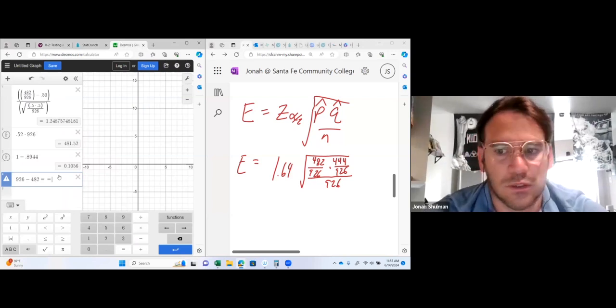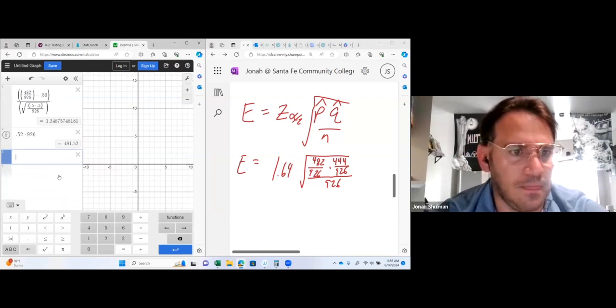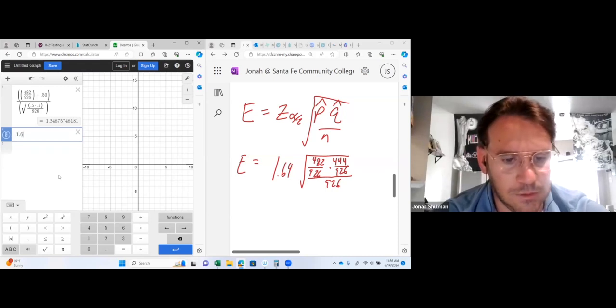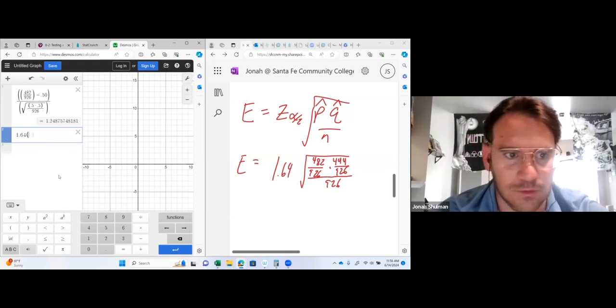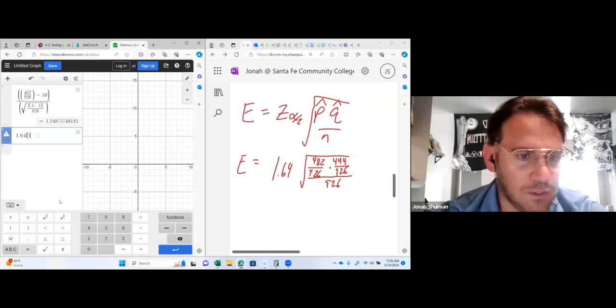So let's do the formula. It's 1.64 times parentheses, parentheses. I need a square root over here.